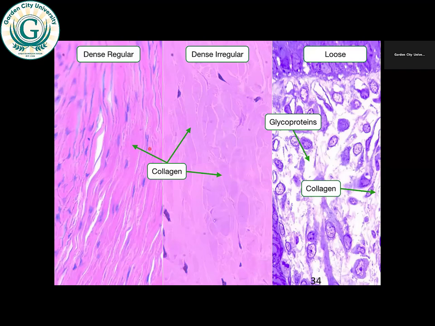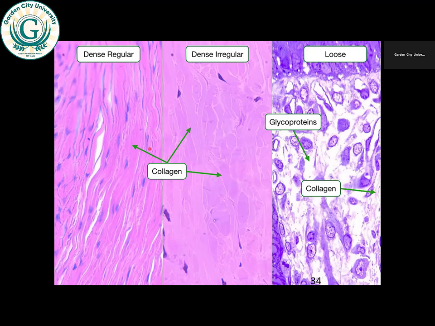Beneath the epithelium there will be areolar or loose connective tissue. Then you have a submucosa, which is a connective tissue. You have a muscle layer, which of course is muscular tissue. And there are nerves that are also there, so those will be nervous tissue.